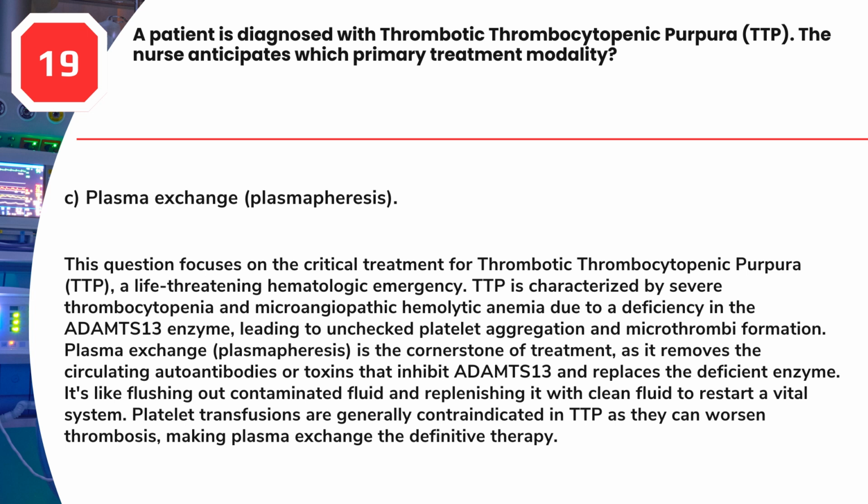Plasma exchange, plasmapheresis, is the cornerstone of treatment, as it removes the circulating autoantibodies or toxins that inhibit ADAMTS13 and replaces the deficient enzyme. It's like flushing out contaminated fluid and replenishing it with clean fluid to restart a vital system. Platelet transfusions are generally contraindicated in TTP as they can worsen thrombosis, making plasma exchange the definitive therapy.